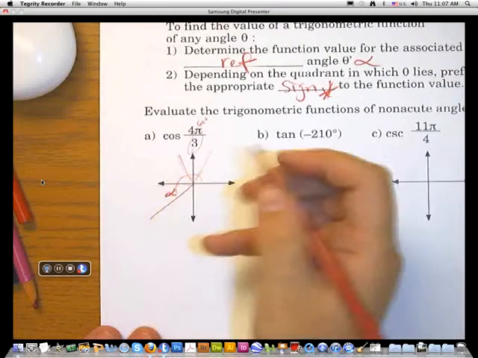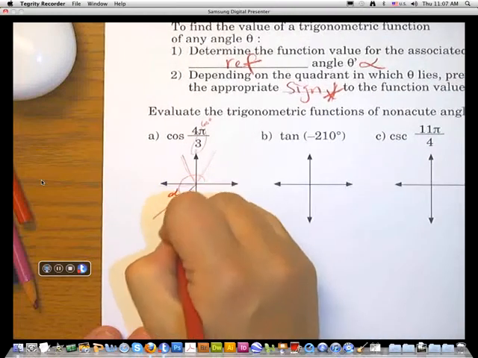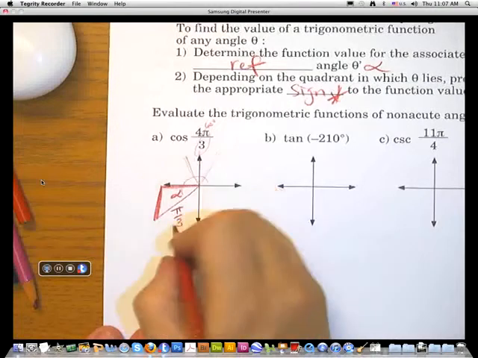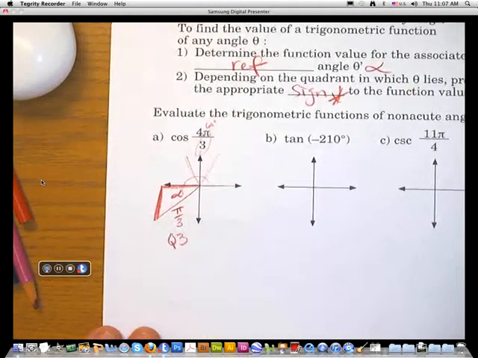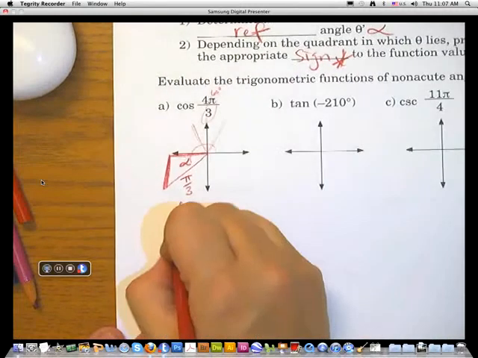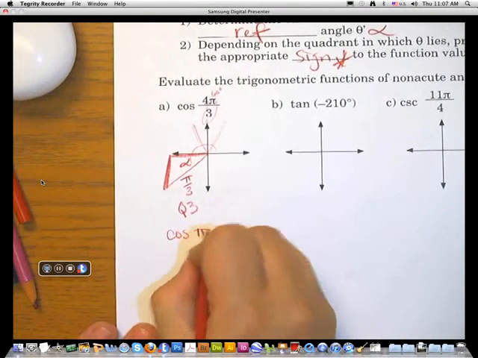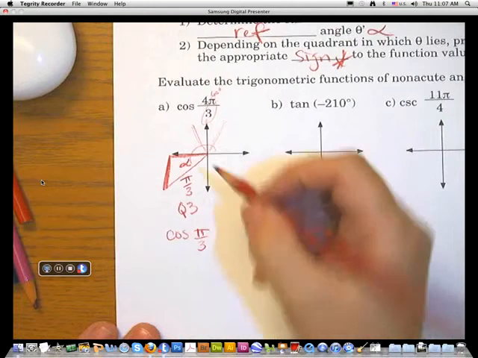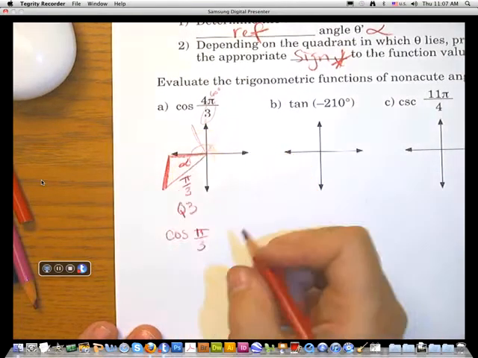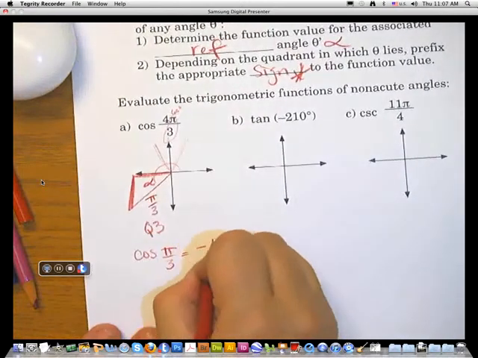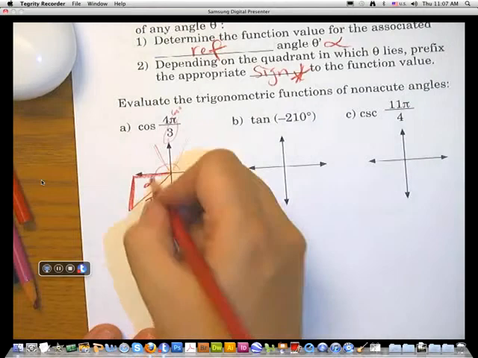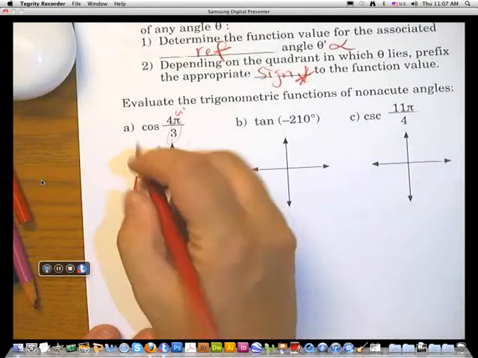Its reference is pi over 3, and it's in quadrant 3. So what is the cosine of pi over 3? Well, that's 60 degrees, which is negative 1/2. Remember, the x value in quadrant 3 is negative.